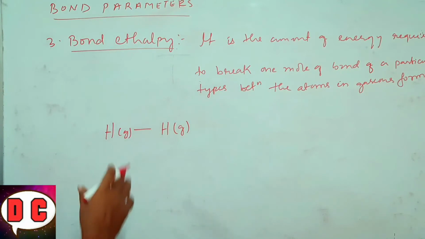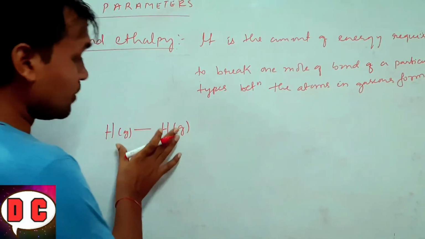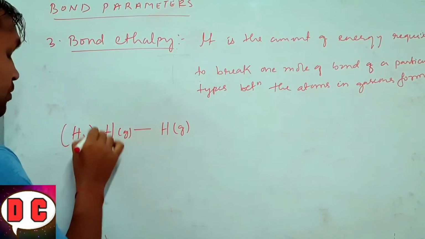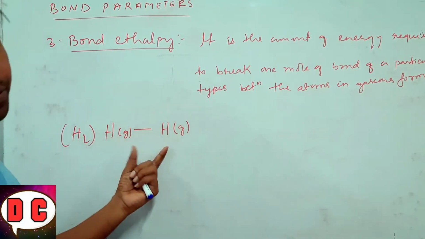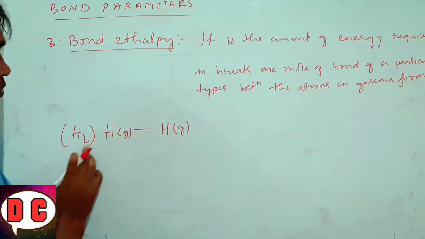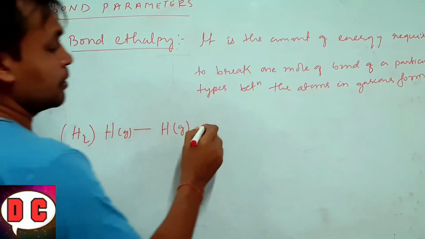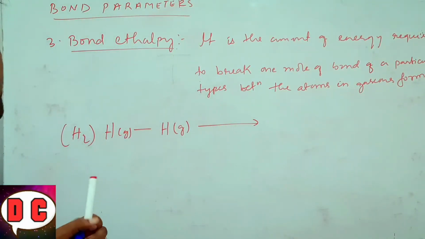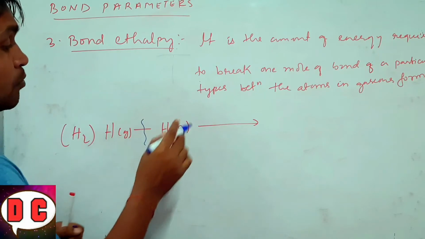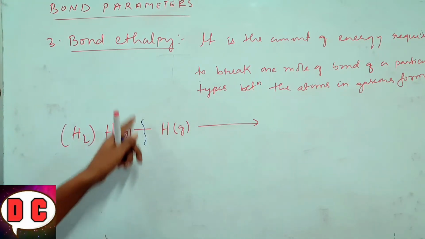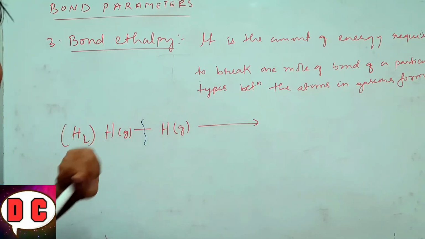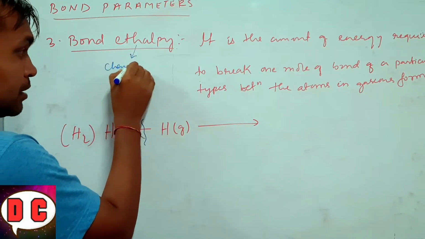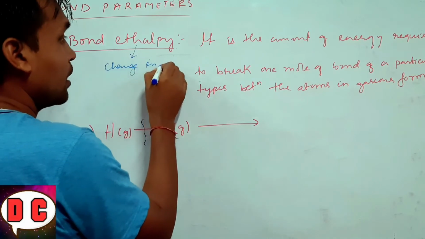We can write it as H2 also, there is no harm in it, but in order to show you, I am writing it as H single bond H. How much energy will be required to break this bond? That energy we call bond enthalpy. The meaning of the word enthalpy is change in energy.